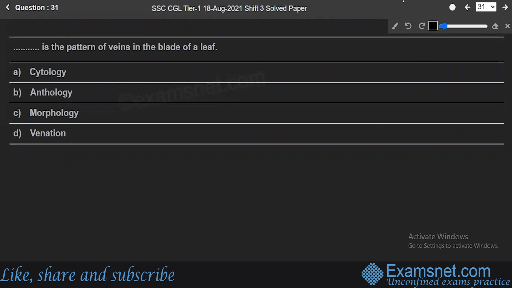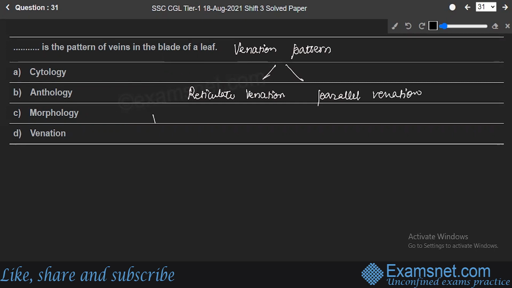Question number 31. Dash is the pattern of veins in the blade of a leaf. Is it cytology, anthology, morphology, or venation? Well, the arrangement of veins in a leaf is called venation pattern. This venation pattern is of two types. The first one is reticulate venation and the second one is parallel venation.